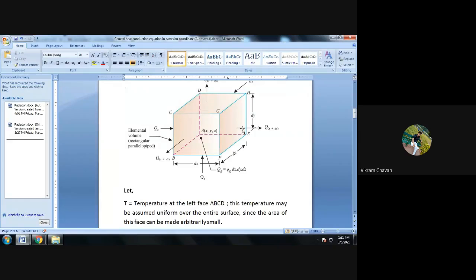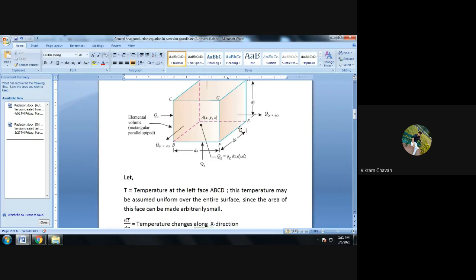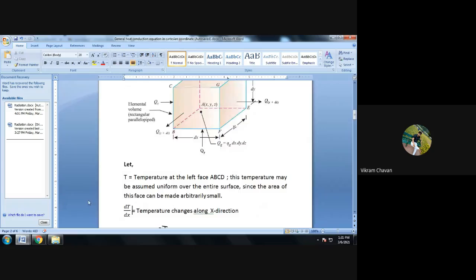That variation, the change in temperature with respect to change in length in x direction, is nothing but the temperature gradient, which we denote as dT divided by dx, the temperature change along x direction.